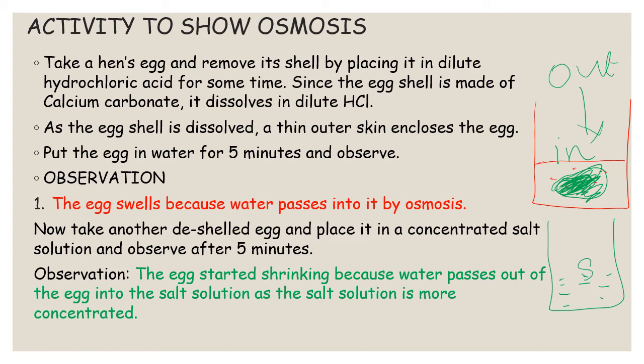Next, we try the experiment another way, by taking another beaker with water mixed with more salt, then keeping the de-shelled egg in it. What happens? Here, salt concentration is more outside. If salt concentration is more, then water molecules are fewer outside, a low concentration of water outside, and inside there is more water. So the movement goes from inside to outside.